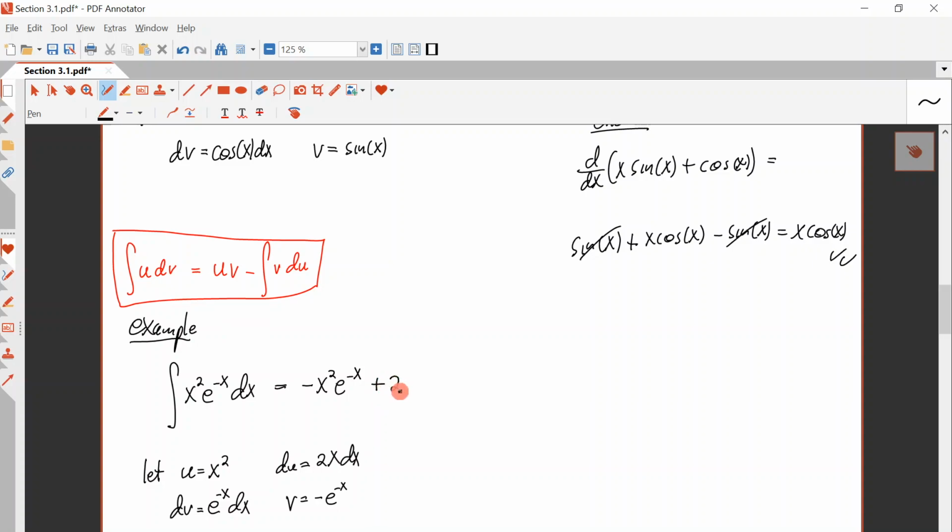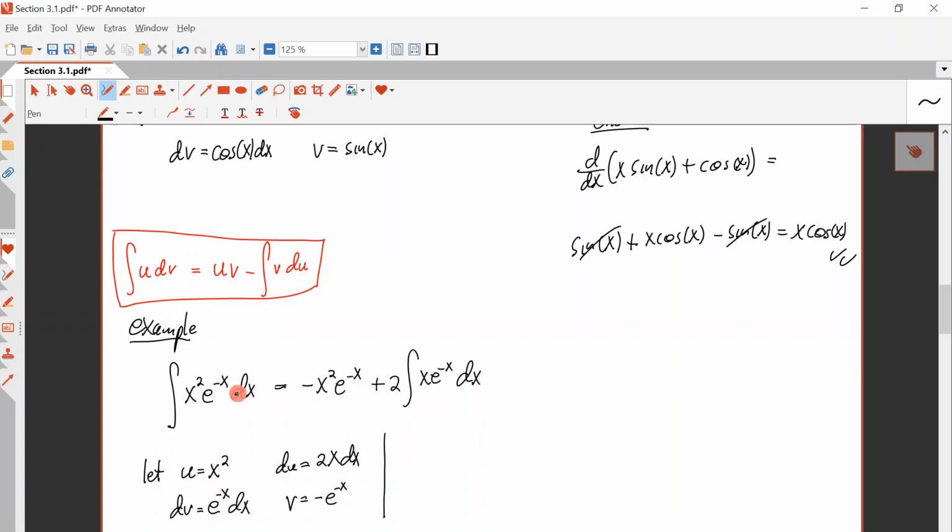So it's going to be plus 2 times the antiderivative of x e to the minus x dx. See, it was minus the antiderivative of v times du, but this v times du has got the minus 2 in front of it, so I'm just pulling that right outside to get a plus 2.